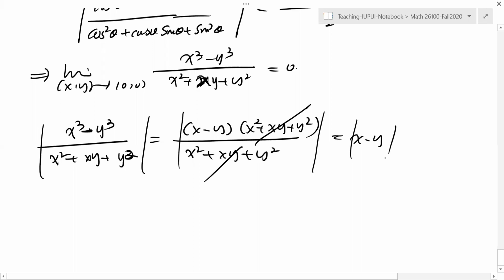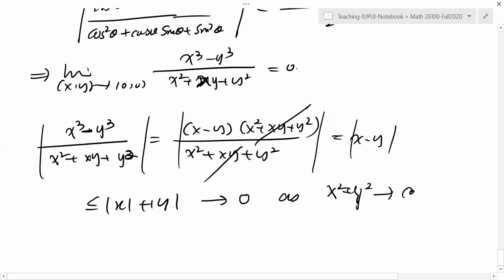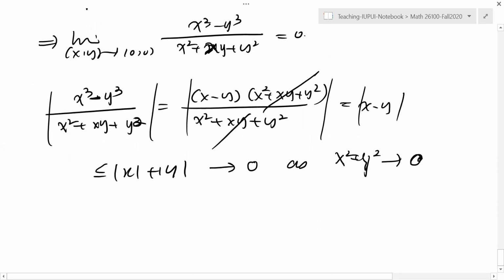Now, why does this difference approach 0 when x squared plus y squared approaches 0? Well, this is less than or equal to, right? And clearly, this approaches 0 as x squared plus y squared approaches 0. Why is it clear?